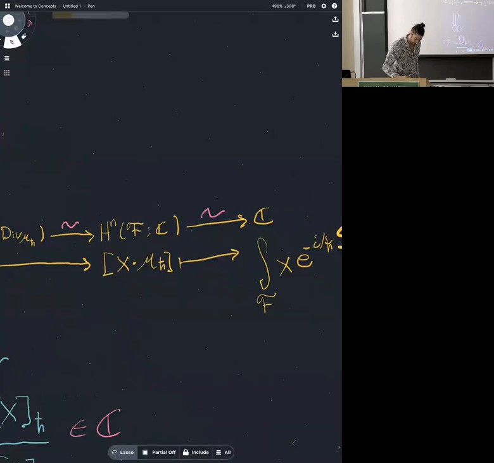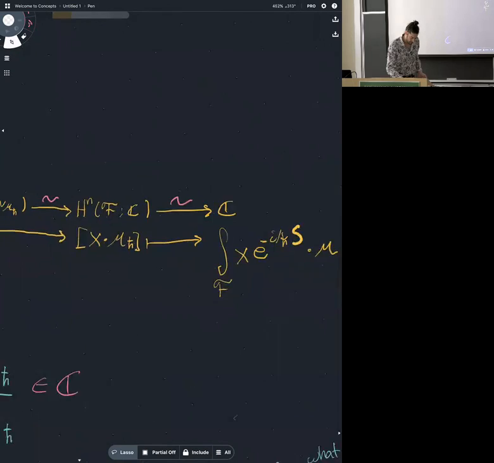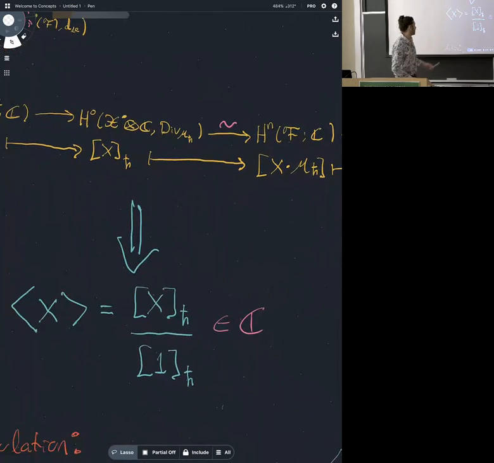Then integration gives us a complex number. Because we have a nice isomorphism here, we can define a complex number which multiplies this class in cohomology to give you this class. That tells you what the expectation value is.